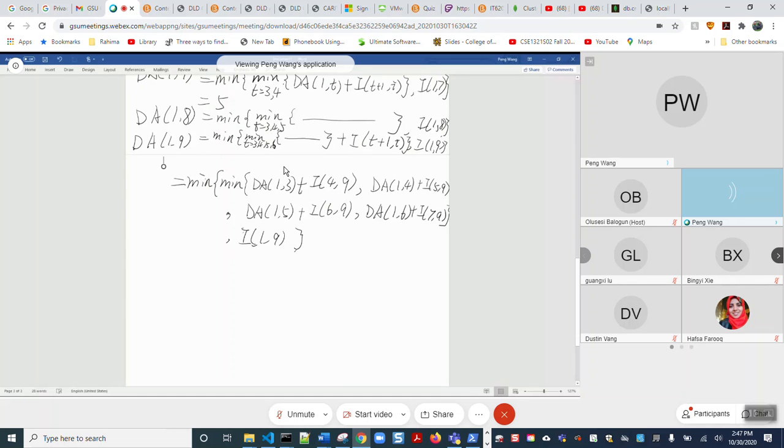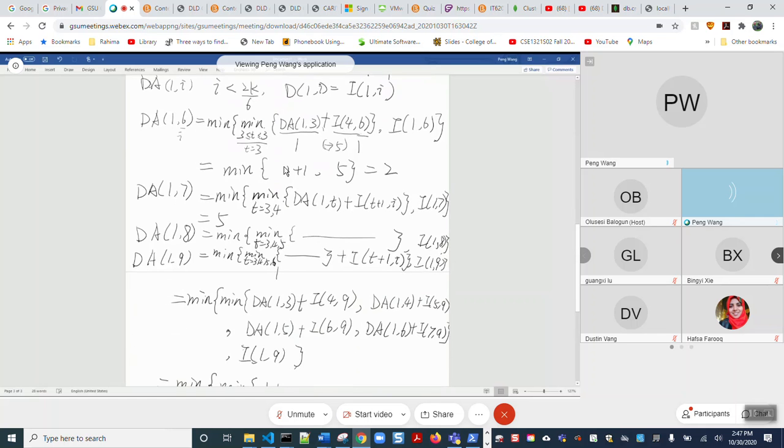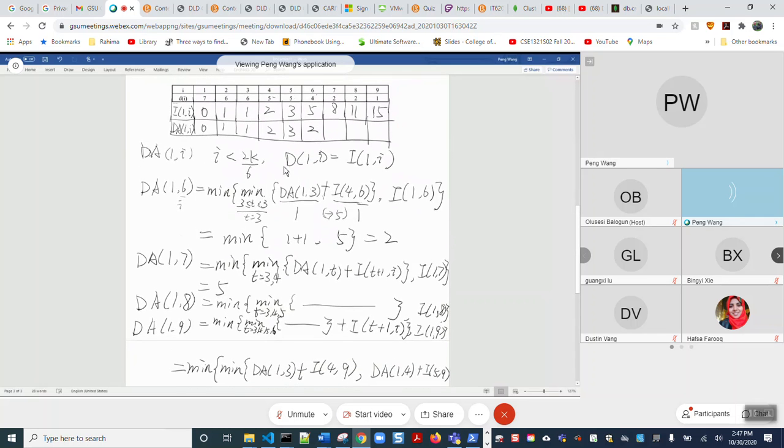Okay, now let's calculate it. The first part we can find from the table. It is 1 plus making I 4 to 9 the same one.